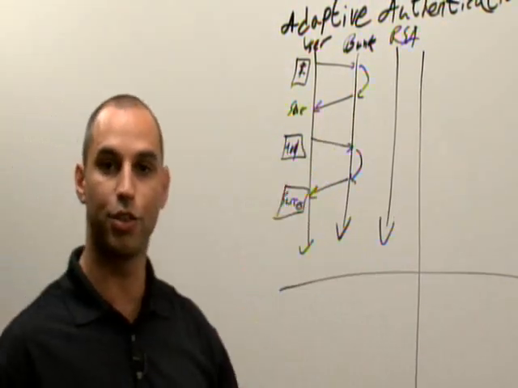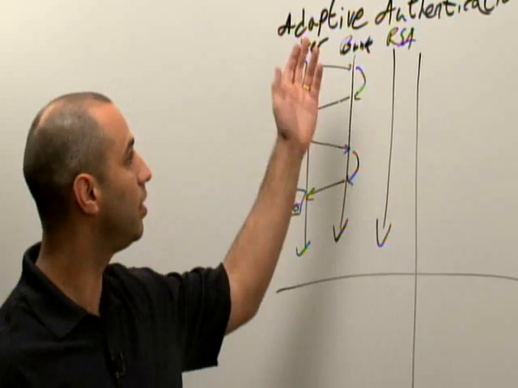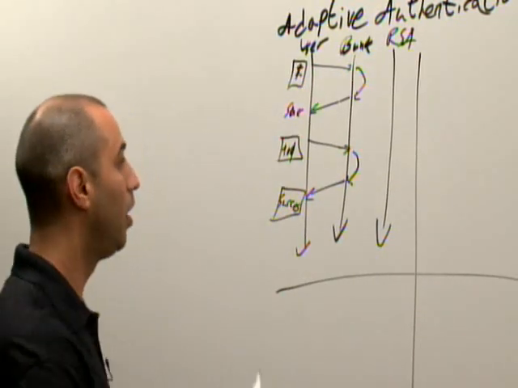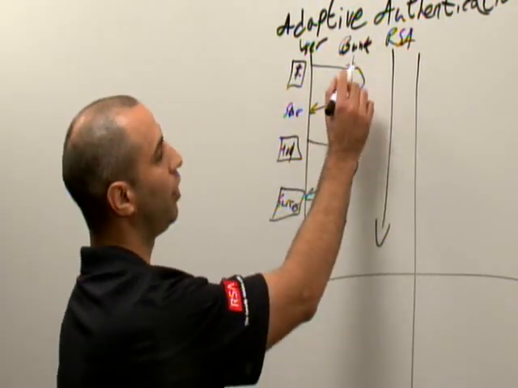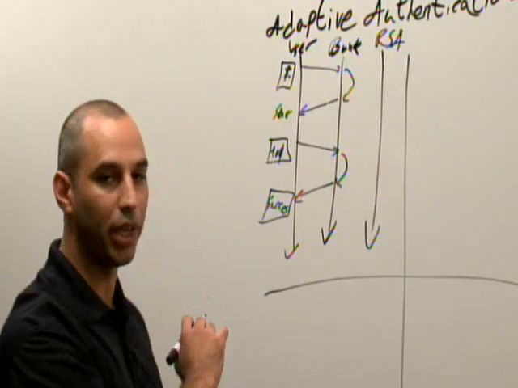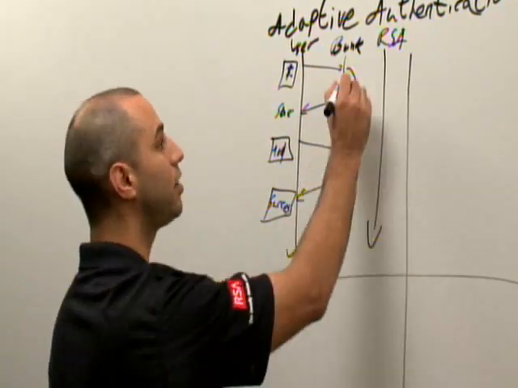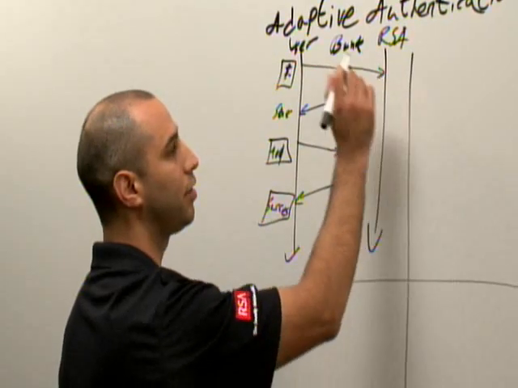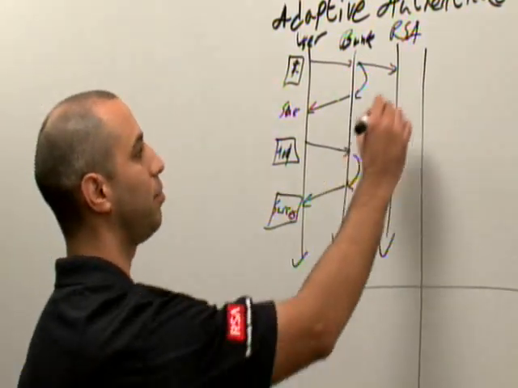In this case, let's assume that the bank had actually implemented an adaptive authentication system. Then, once the user tries to log in, the bank, before allowing the user into the system, would send a request to RSA for risk assessment.